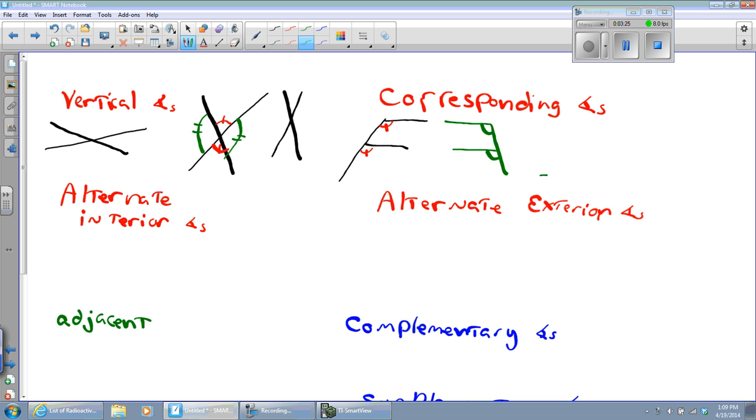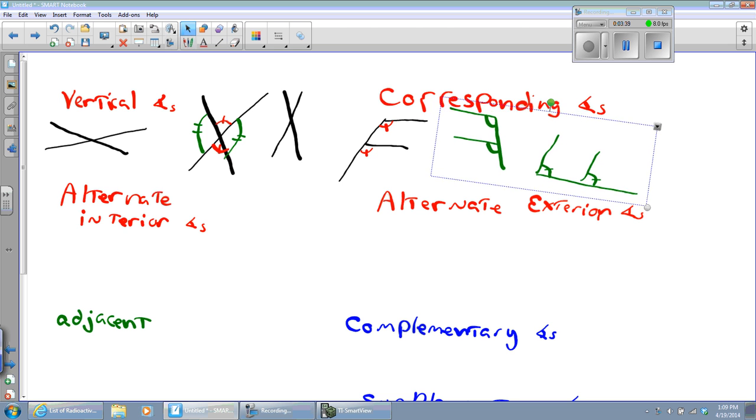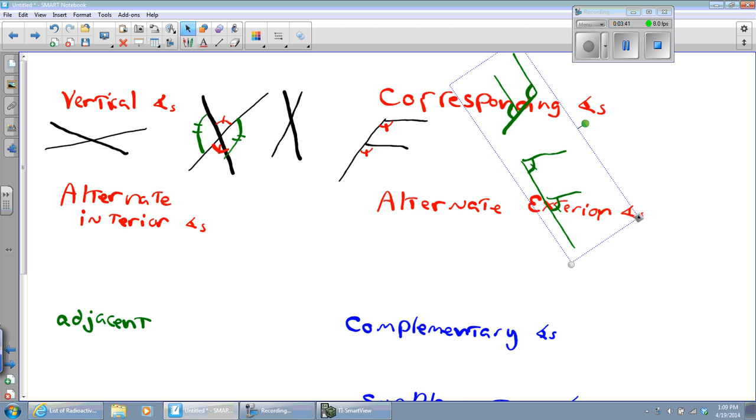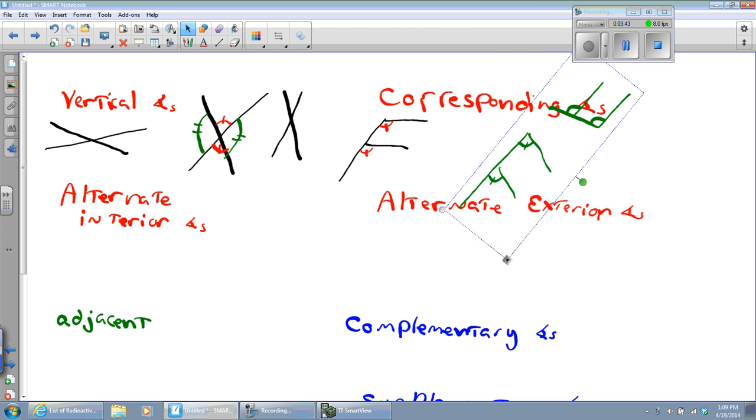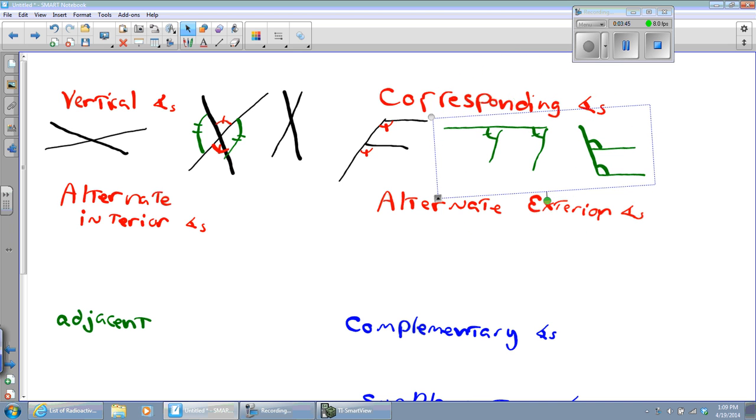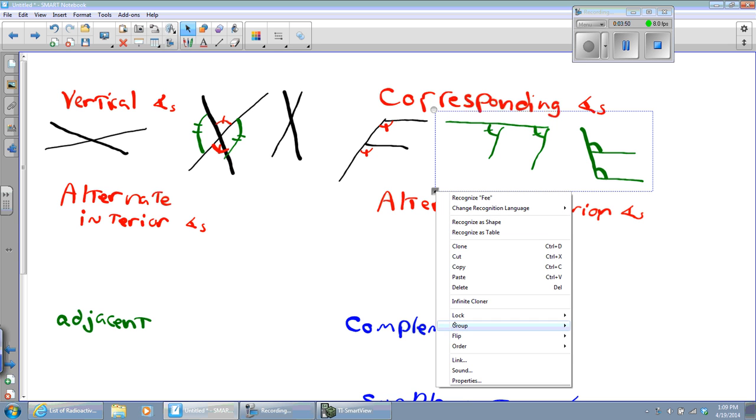It could be an F laying on its back getting a suntan. And if that's the case, these are congruent. The F's could be turned like that, laying on its face, upside down and backwards. They could be like this.